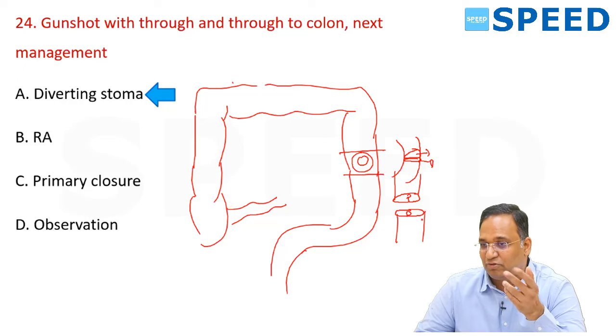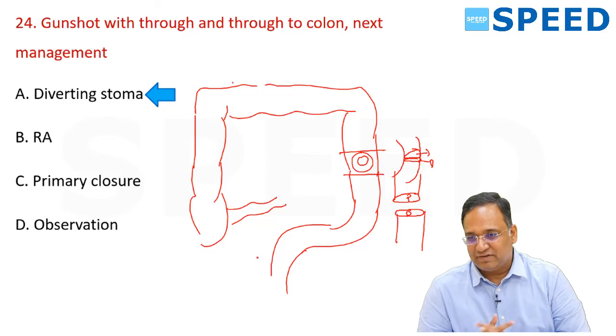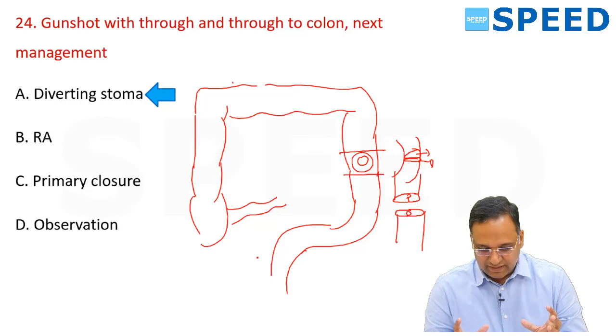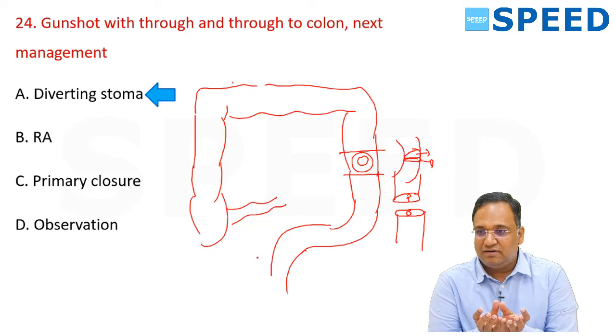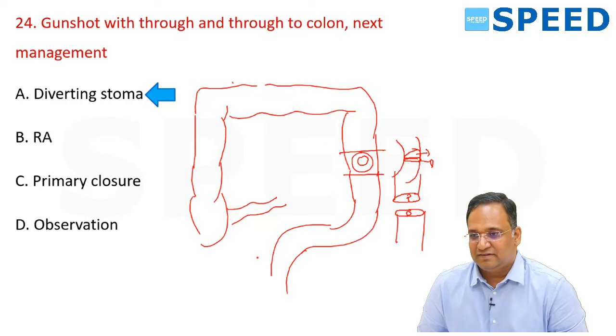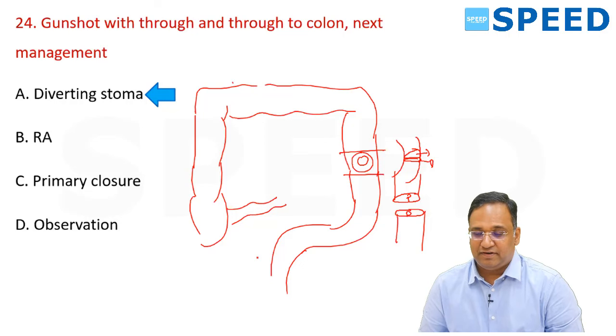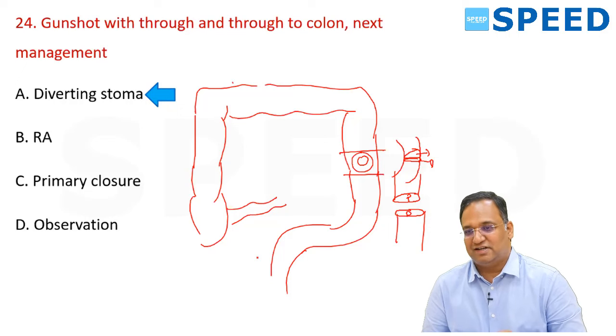Either separate like a mucous fistula, or if they are together, it is called a double barrel colostomy, like what you do for volvulus. Understood or not? And after 6 weeks, you will do a proximal distal anastomosis and push it inside.